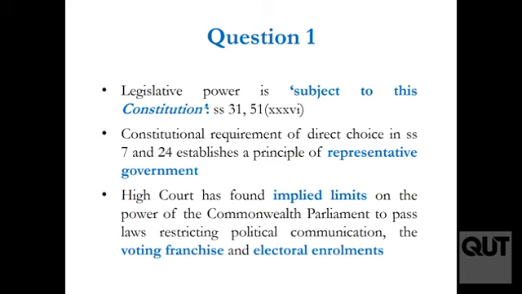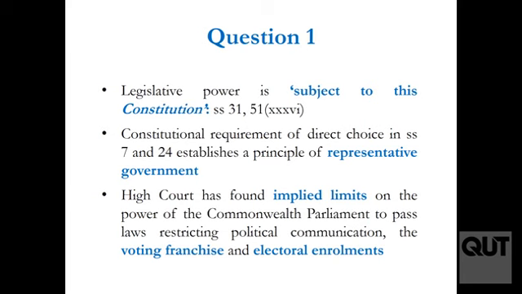So the High Court has held that the constitutional requirement of directly choosing our representatives, as set out in sections 7 and 24, establishes this really important principle of representative government.